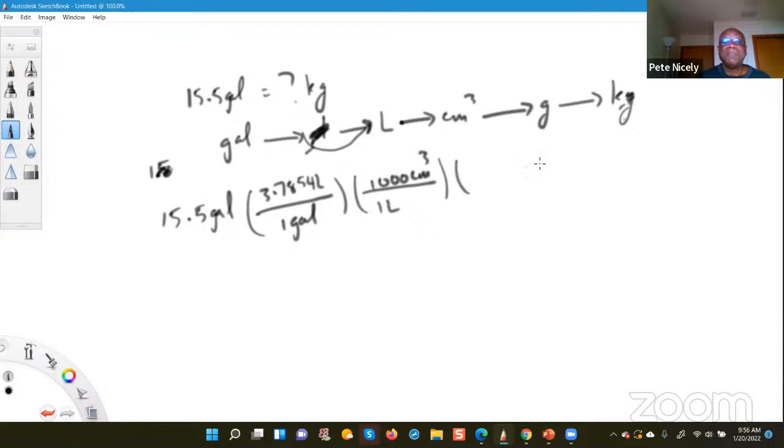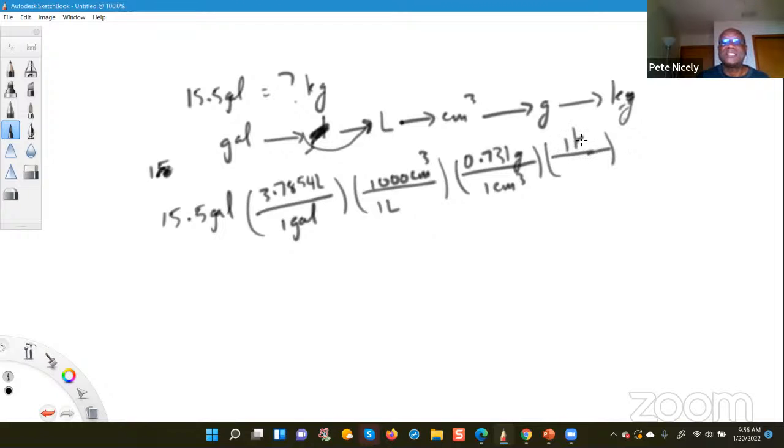And then based on the calculation we did before, we found out that the density is 0.731 grams per liter, or per centimeters cubed, I'm sorry. So I'm going to put 0.731 grams up here, 1 centimeters cubed down here. And then finally, I will convert from grams to kilograms.